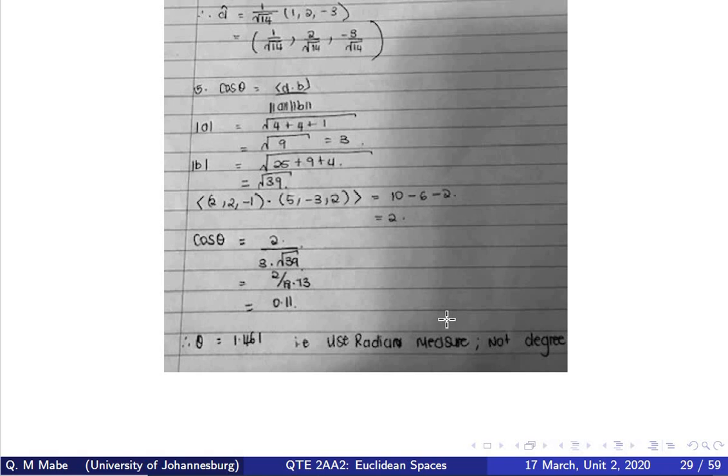So finally, I need a unit vector. I write A hat just to show that it is different from A. A hat is a unit vector. So I divide every component of my original vector A by its distance. That's the unit vector: 1 over square root of 14, 2 over square root of 14, minus 3 over square root of 14.